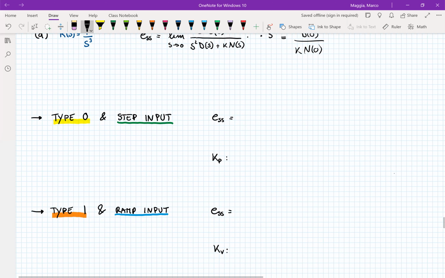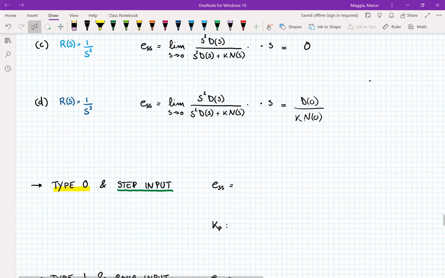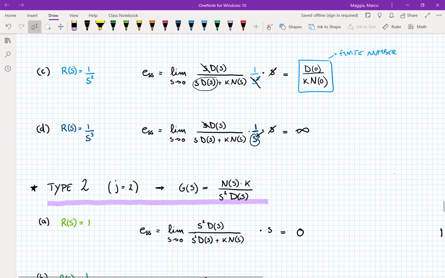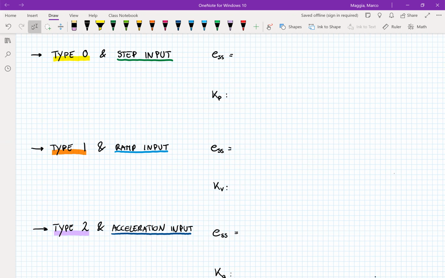So we have 3 combinations between types and inputs that would generate a constant steady state error. We have type 0 paired with a step input that gives us a steady state error of 1 over 1 plus Kp.